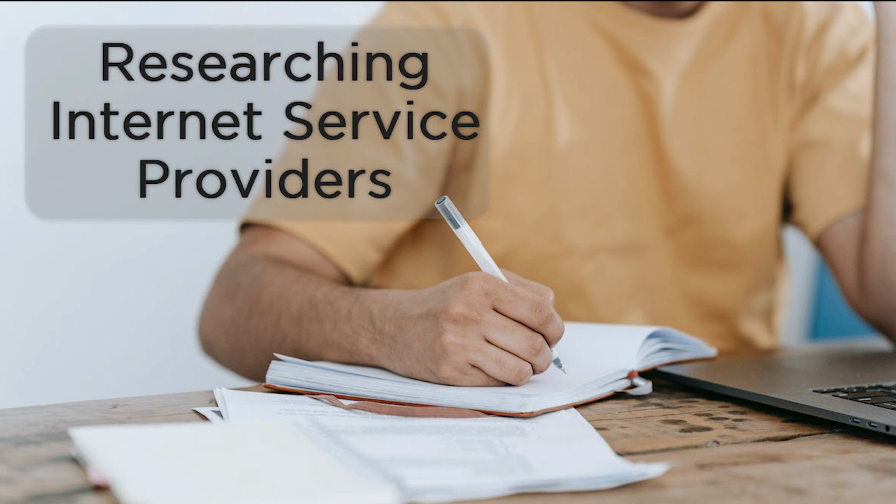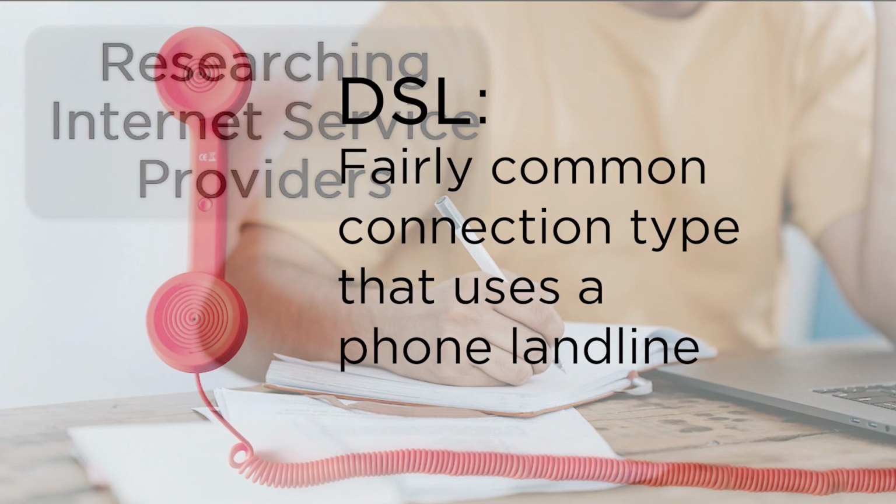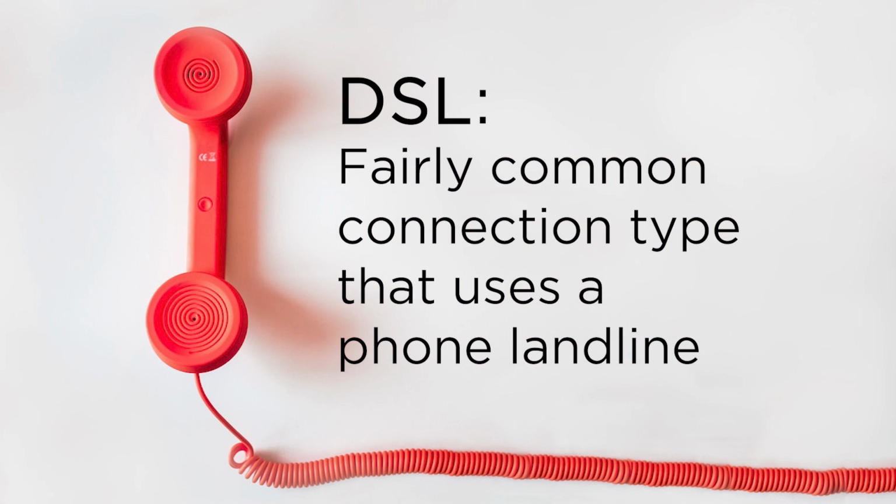We are going to start out by discussing the different types of internet connections that are available. There are a number of different ones that different commercial internet providers offer. DSL is a fairly common type of internet connection, and it uses a phone landline and telephone lines to connect your home to the internet.